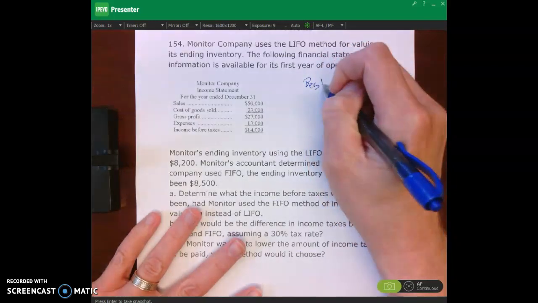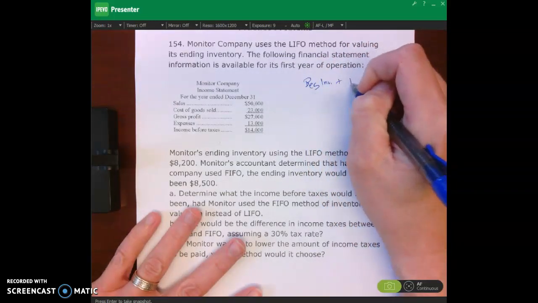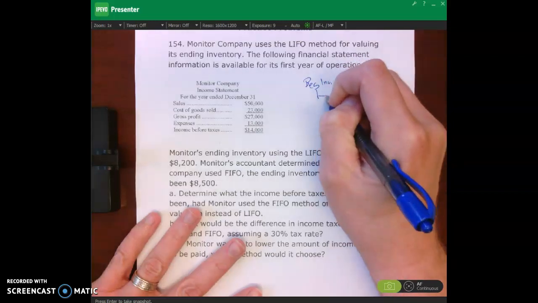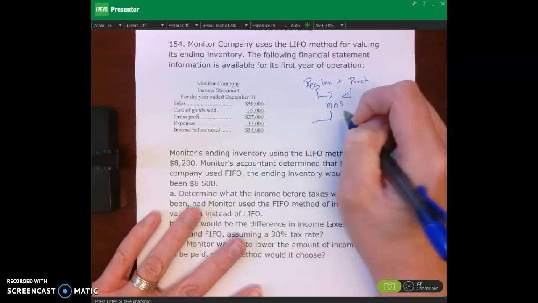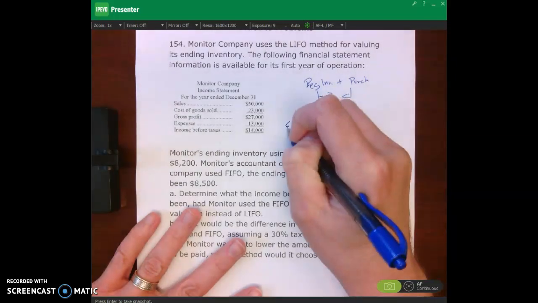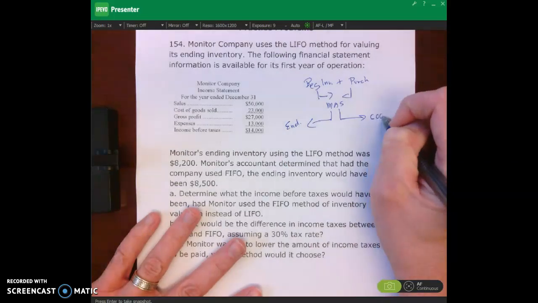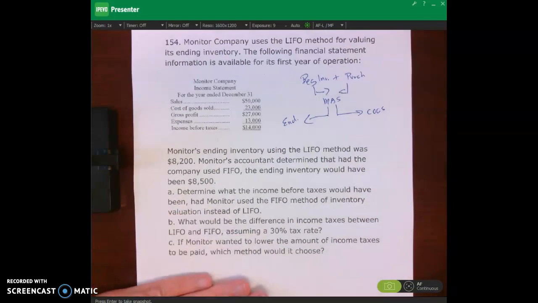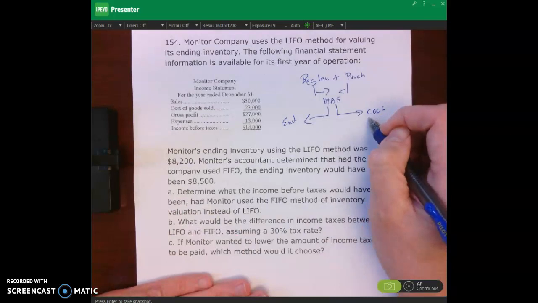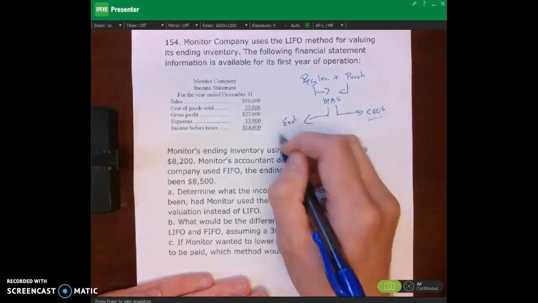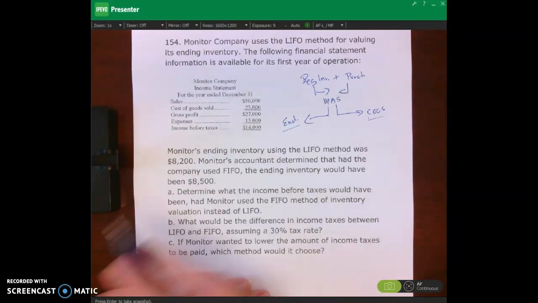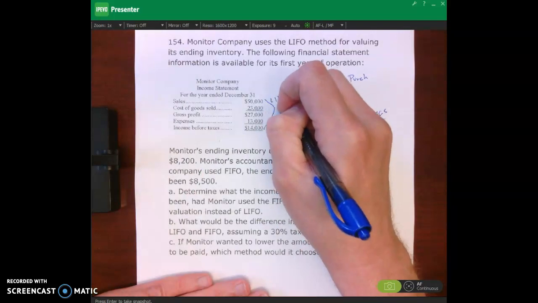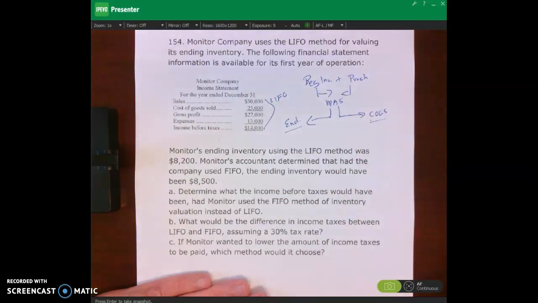We've got beginning inventory plus purchases coming down into merchandise available for sale, and then that comes over to ending inventory and cost of goods sold. Now, we know this number, it's right over here, and we know this number, it's right here, and this is using LIFO. So can we figure out what this number is? Yeah, we can figure that out, right?